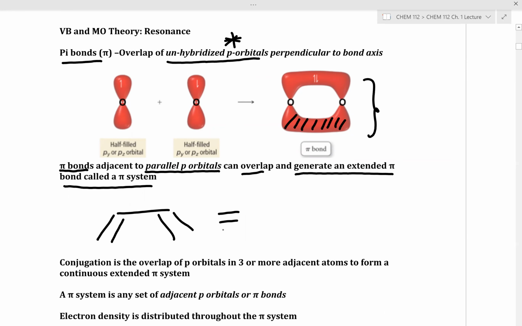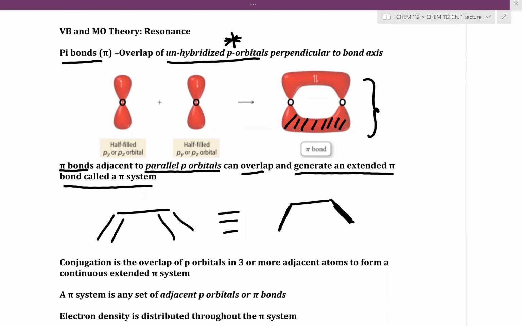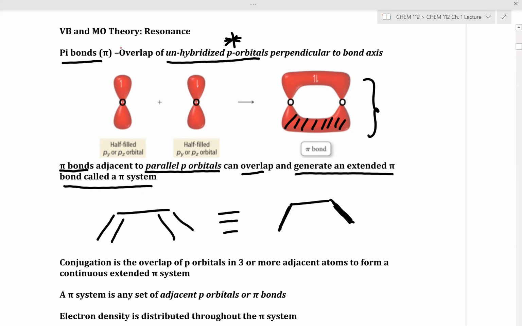So if we're drawing this from the perspective of MO theory, I'm going to lay out each of my carbon skeletons, and I'm going to draw my p orbitals that are responsible for my pi bonds. Okay, so we have two pi bonds, so we have two sets of p orbital overlap. So here's our first pi bond, here is our second pi bond.